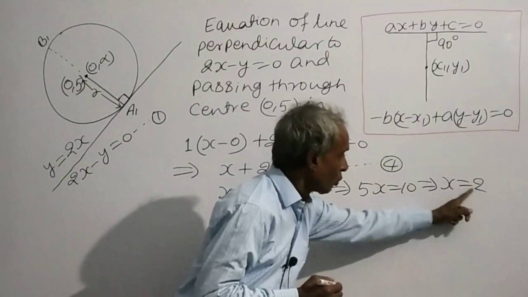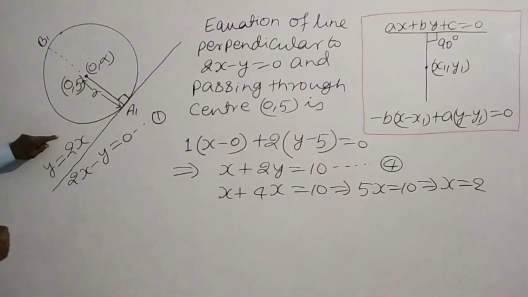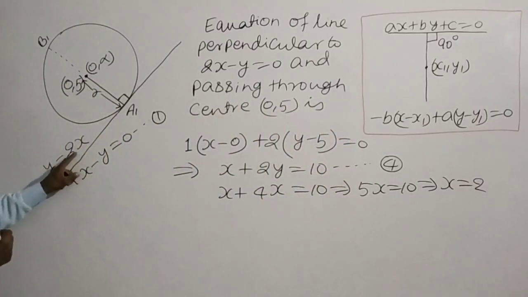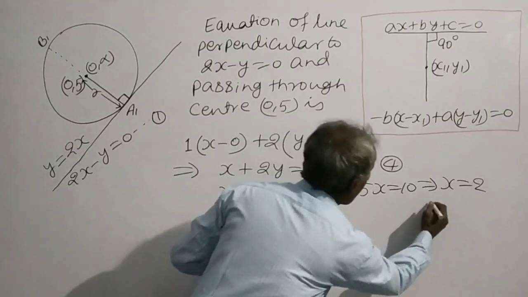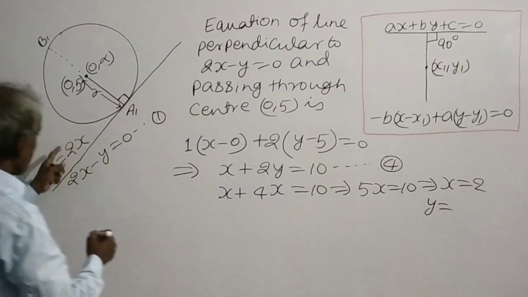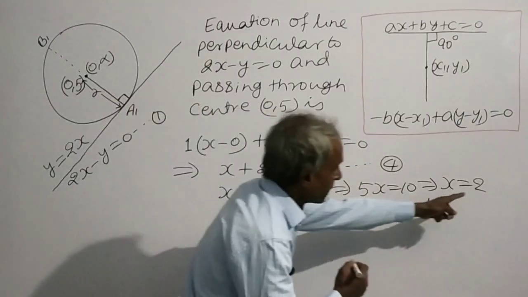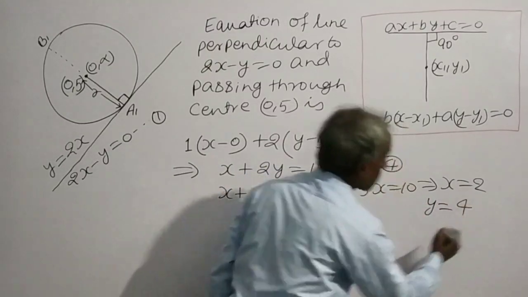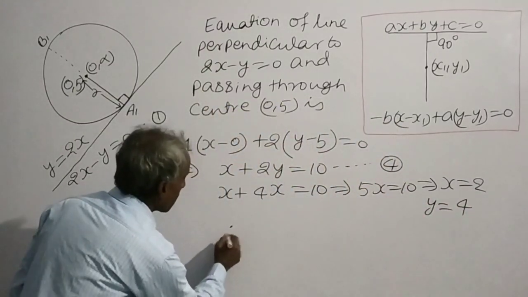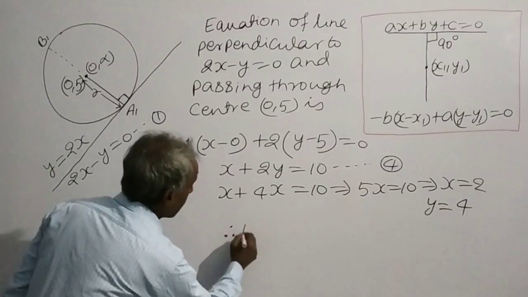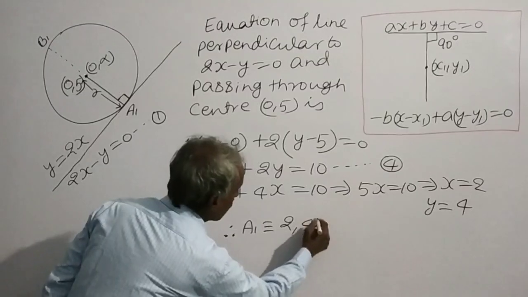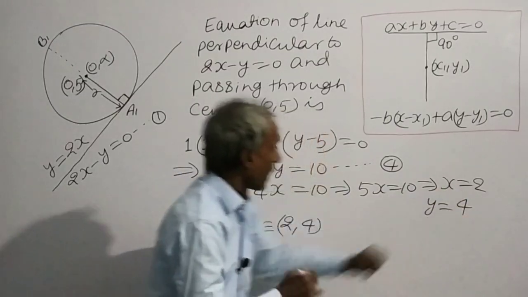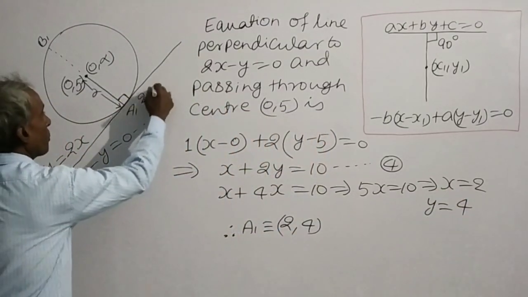When we put 2 in place of x in this equation, then we get the y coordinate of this point. Therefore, y will be 2 times x, means 2 times 2, means 4. Therefore, the coordinate of point A1 will be x coordinate 2, y coordinate 4, that is (2, 4).